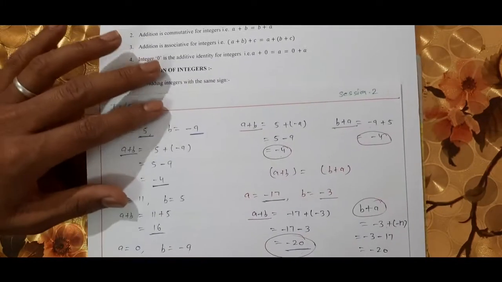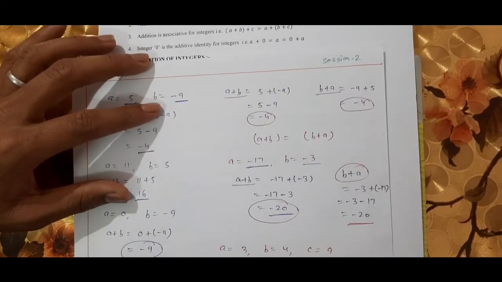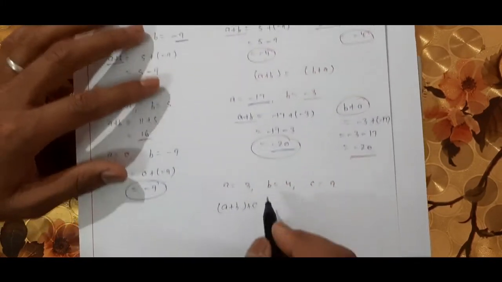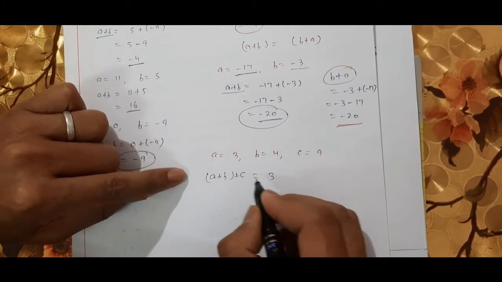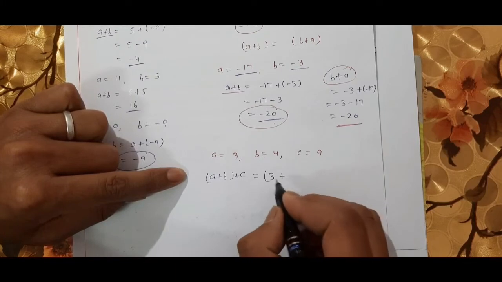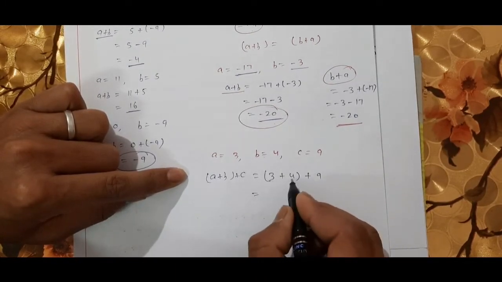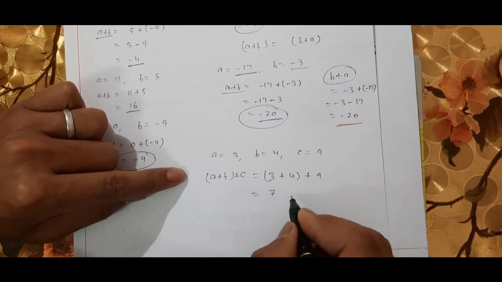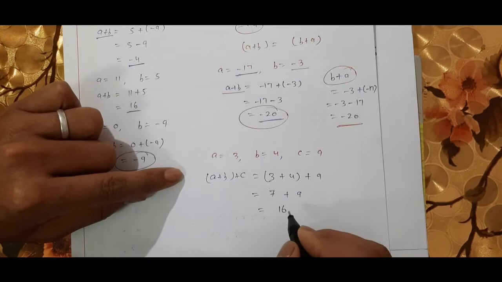Now (a plus b) plus c equal to a is 3 plus b is 4, plus c is 9. 3 plus 4 is 7, plus 9 equal to 16.